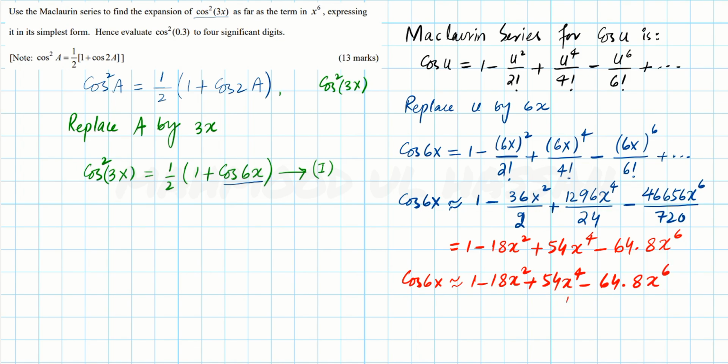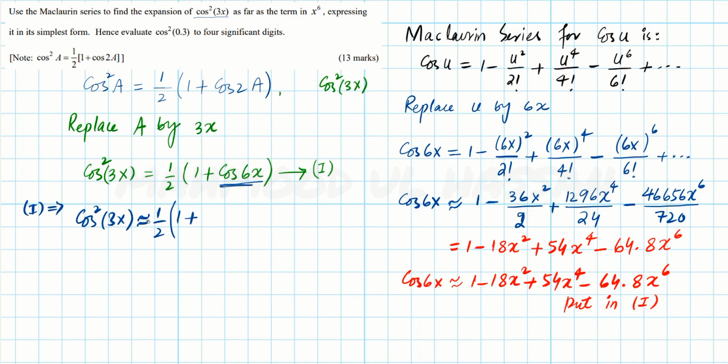Okay, now we have to put this in equation number 1. So equation number 1 will become cos squared 3x equal to 1 upon 2 into 1 plus, so we have to put the cos 6x value here. So this equality will become approximately equal, basically.